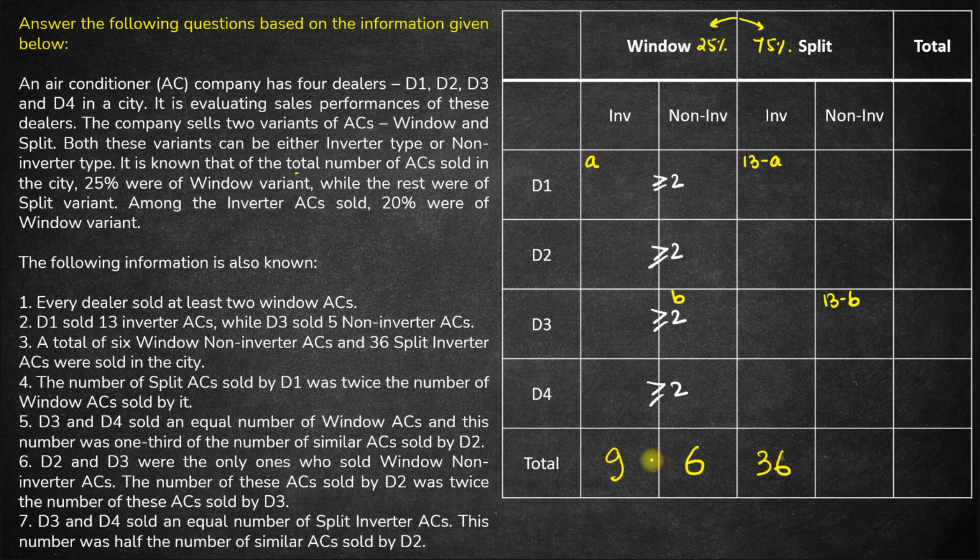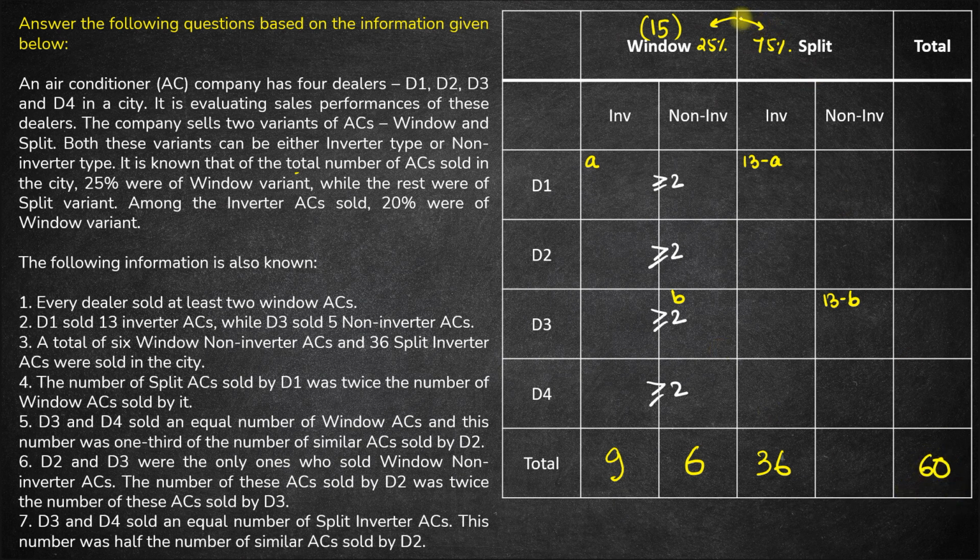So basically, how many total window ACs are there? 9 plus 6, 15 window ACs. And this 15 is 25% of the total. 25% is 1/4, so 1/4 of the total ACs is 15. Hence the total number of ACs is 60.